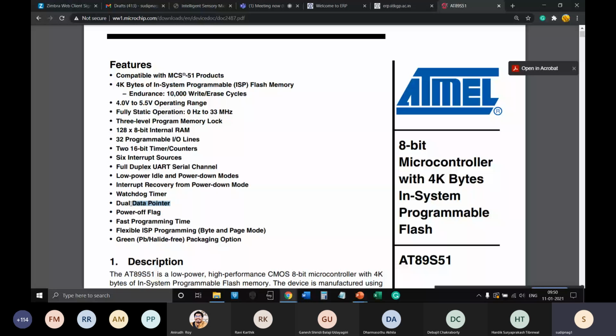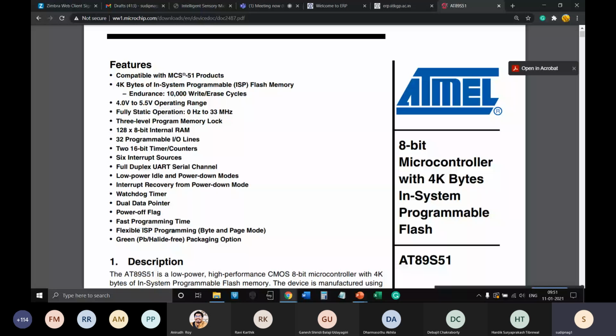Then flags, there are all sorts of flags. They are only telling about the power flag here. Later on you will see there are lots of flags, which indicate carry, parity, zero, etc. And then there is fast programming time. You can quickly program in the matter of seconds. And flexible ISP programming, in-system programming. ISP is in-system programming. ISP programming is a misnomer actually, as P is actually program.